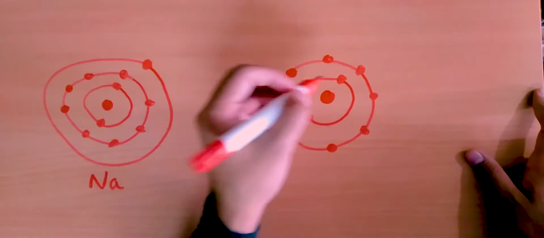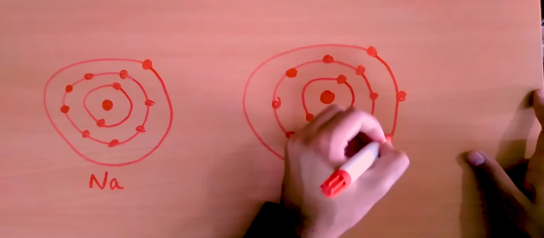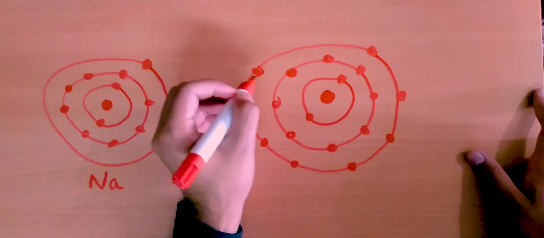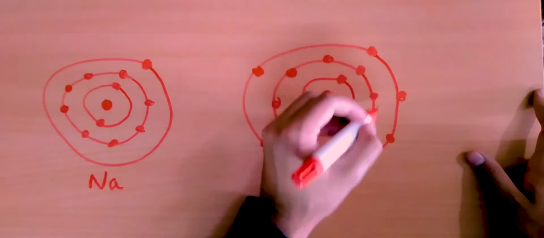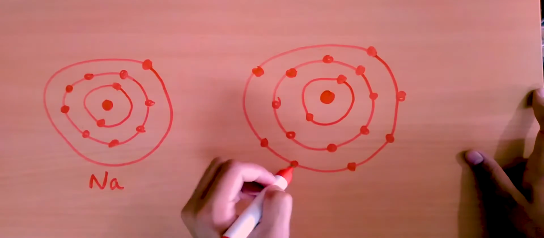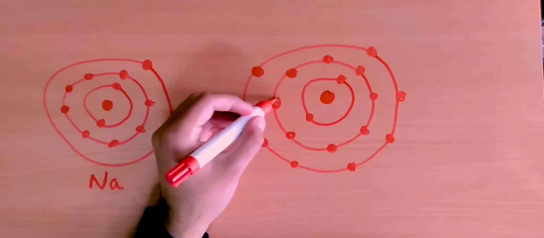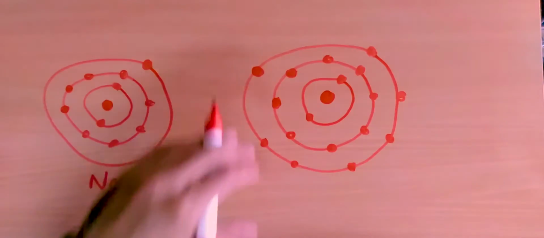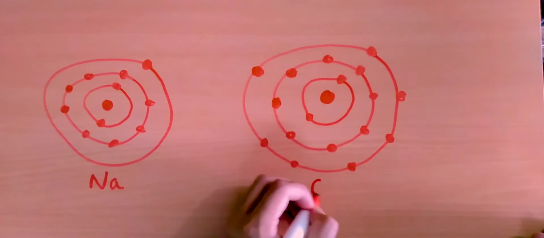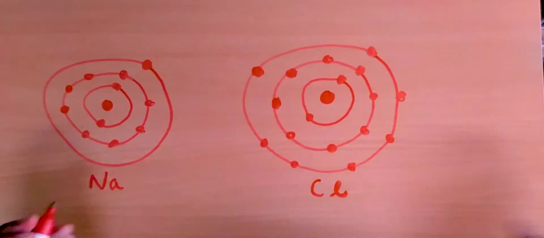Now I'm left with 7 electrons. I'll put them in the third shell, so I have 7, fine enough. I hope that's correct. So I have 17 electrons of chlorine spread over the atom in that manner, and here I have sodium. So chlorine has the symbol Cl and sodium is Na.